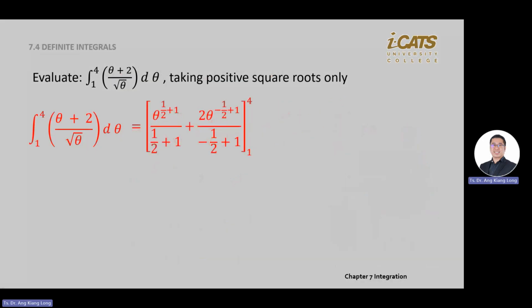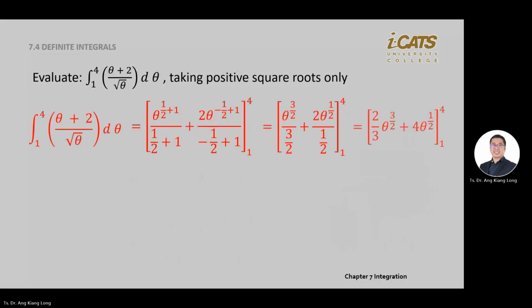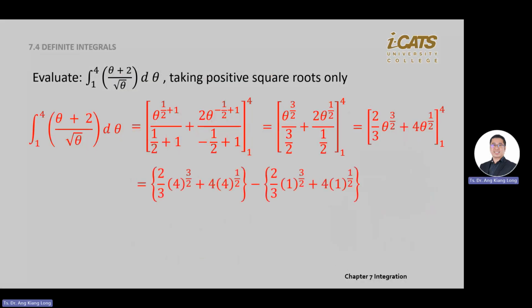With this, you arrive at this one. You rearrange it. Once you rearrange, you substitute 4 minus substitute 1. You get this one, 26 over 8. Any question?